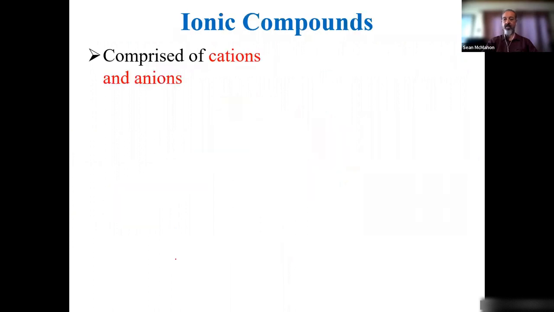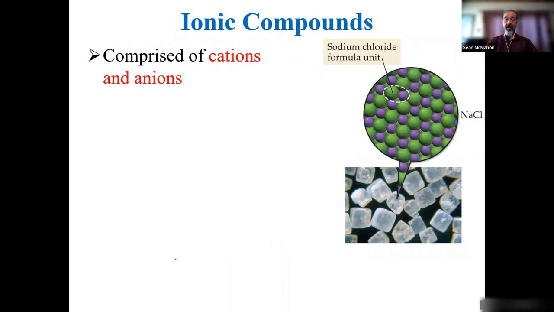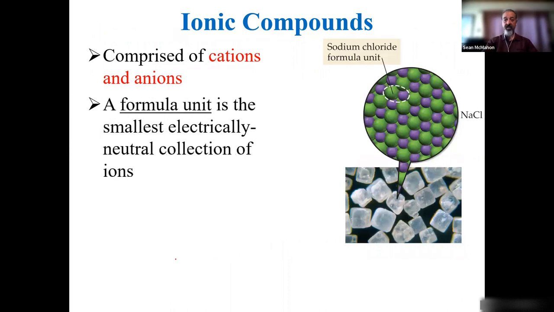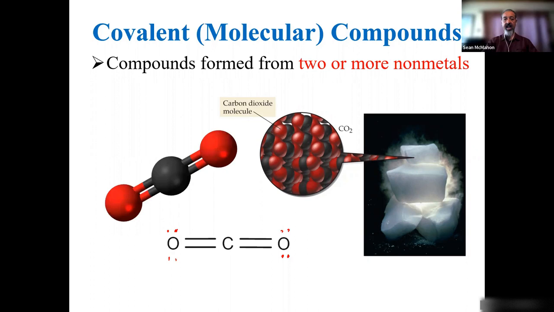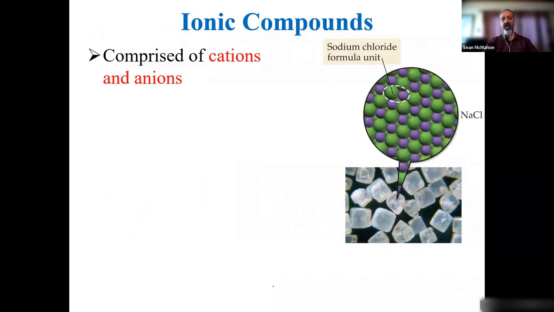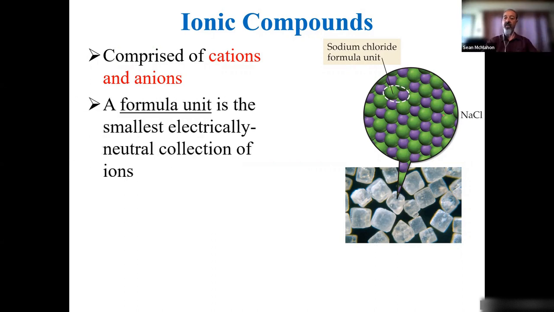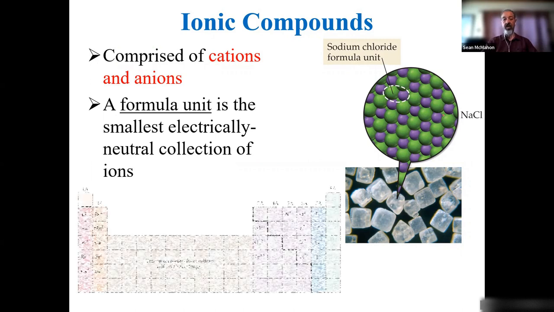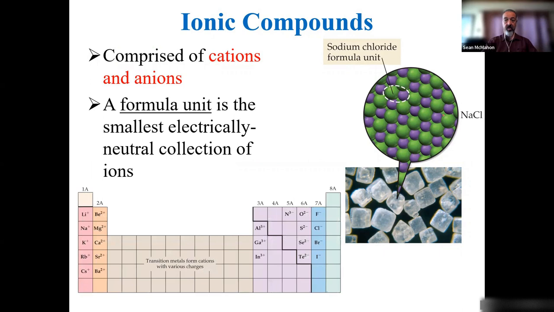Ionic compounds are, again, metals and nonmetals, and they form charged ions. They're not actually a molecule. When I look at CO2, I have a molecule with the 1 carbon and the 2 oxygen, and that's pretty much it. I can shrink it to an individual molecule. With ionic compounds, there's basically this repeating structure that goes on, but the formula is derived to make the compound neutral. So why is sodium chloride neutral?